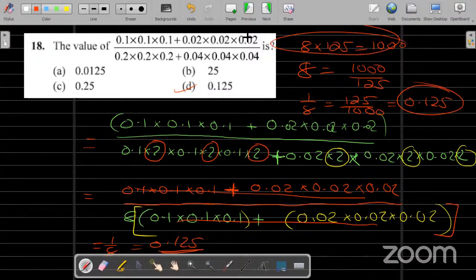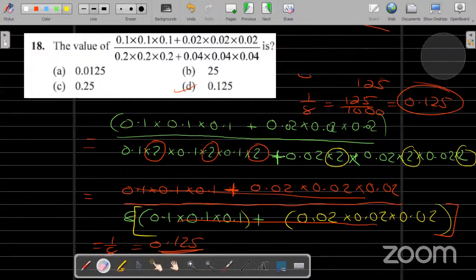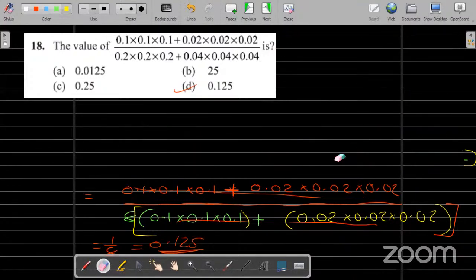If you can remember this, then you will easily get the value of 1 by 8. Next question.